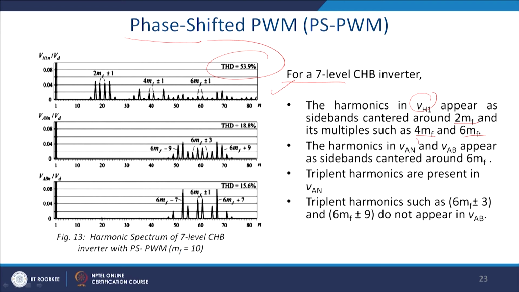The harmonics in VAN, that is the phase voltage, and VAB, that is the line voltage, appear at the sidebands in and around 6Mf. And triplen harmonics such as 6Mf plus 3 do not appear in VAB. Thus, there is scope for third harmonic injection for better utilization of the DC bus voltage for drives applications.